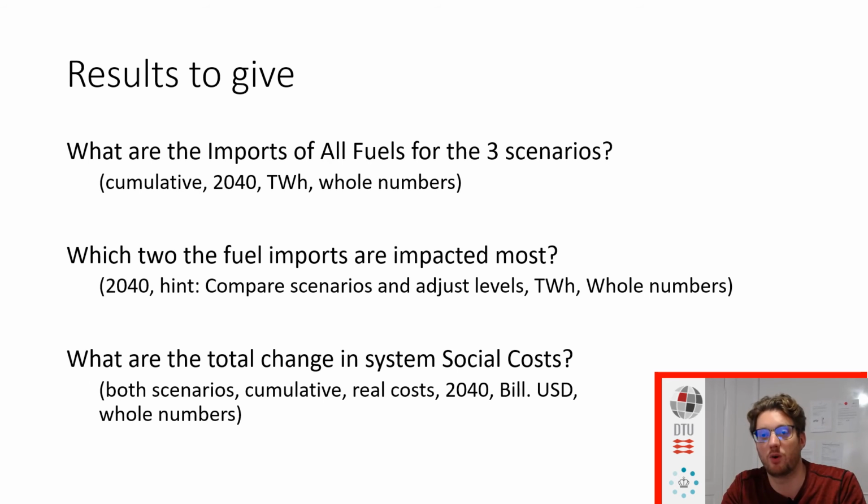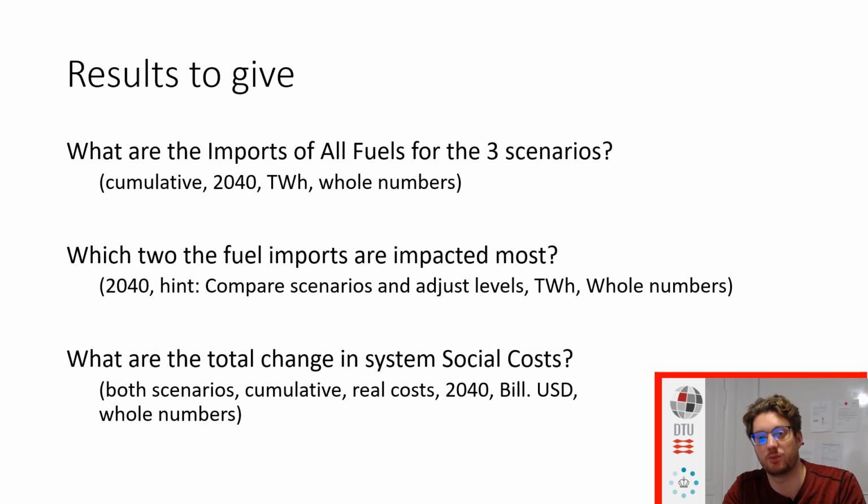Here I want you to compare the 2 scenarios you made, 10% boost and 20% boost, to the baseline. I want that number for the cumulative imports, and I want it for 2040. The result we'll be looking for is the names of the 2 fuels, not the number.